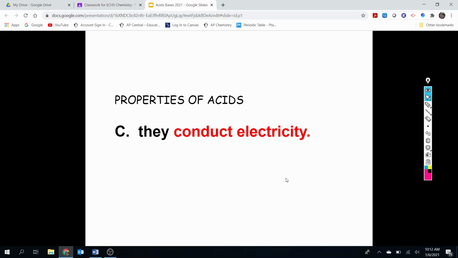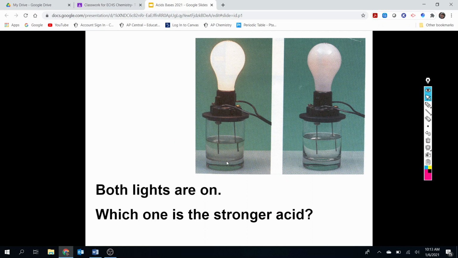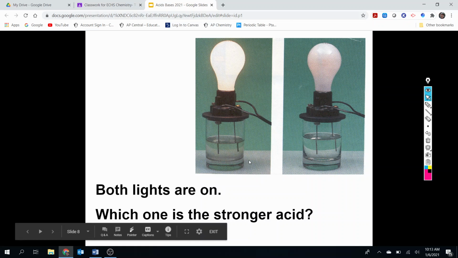A third property of acids is that they conduct electricity. I'm not sure if you know or not, but pure water does not actually conduct electricity because it needs to have electrical ions in order for that electricity to conduct through the water or through the solution. Acids do that. Now, if we were to look at this, both of these light bulbs are actually on.